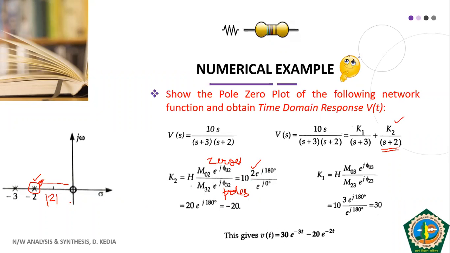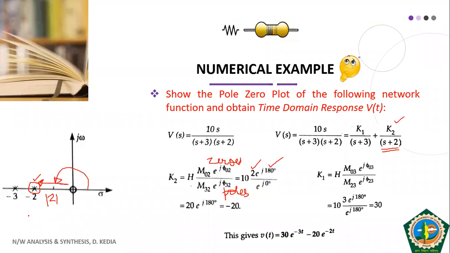Now how to obtain the phase angle? For that, we will draw a phasor from this zero to the pole. This is the phasor line. And how much is the angle from the positive x-axis? The angle is 180 degrees. It is counterclockwise, and in counterclockwise we take the angle as positive, so it is plus 180. See, 2 e raised to the power j180, and our numerator part is over.